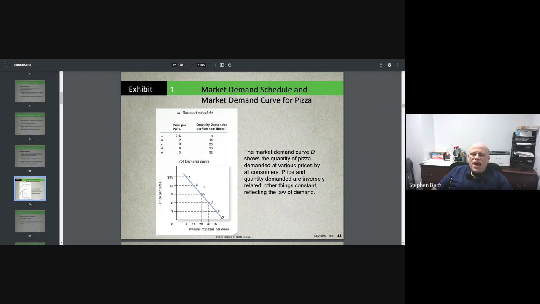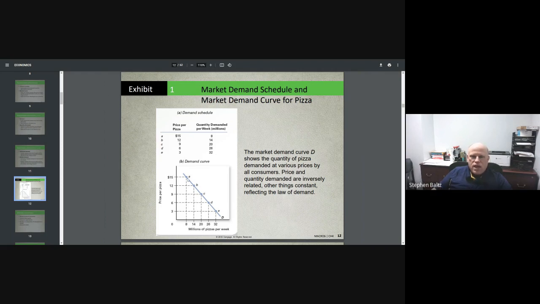So anytime that we're talking about a change in quantity demanded, which was one of the questions on the assignment, to explain what a change in quantity demanded would look like on a demand curve, well, it would be a movement along an existing demand curve.